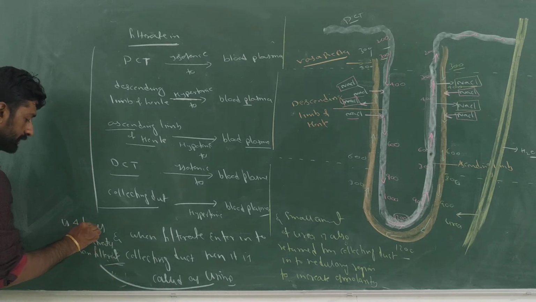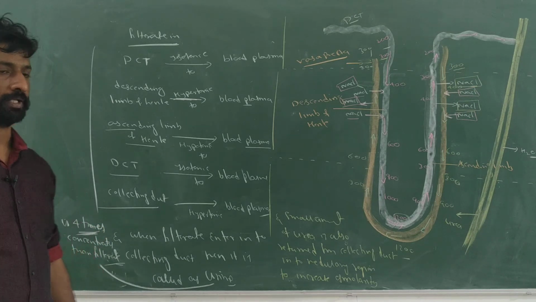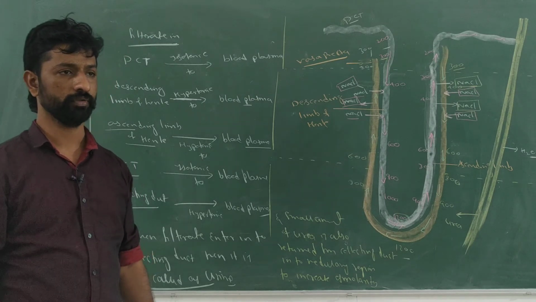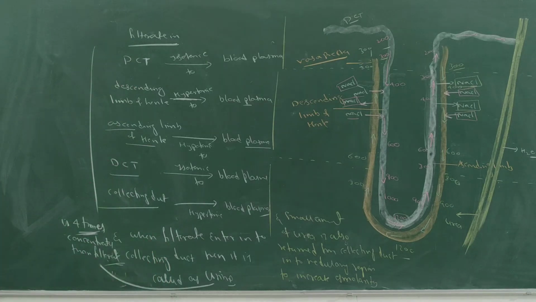How many times concentrated is the urine with respect to the filtrate? 4 times concentrated. So this is all regarding the countercurrent mechanism of concentration of the filtrate. Any doubt in this? The next is a very important one, that is the control of renal activities.